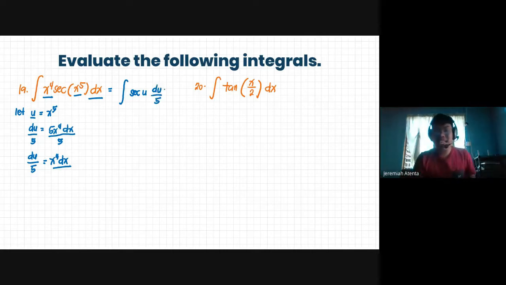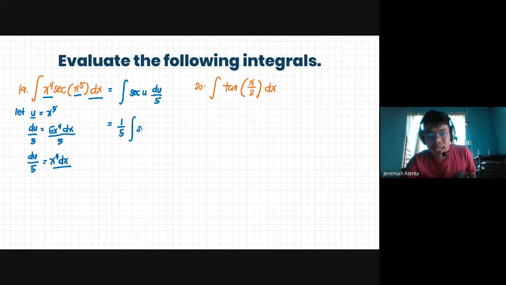I hope that is clear. And from that, we have a numerical coefficient here that is 1 over 5. And according to our basic integration rules, we can put that numerical coefficient outside the integral. So therefore, this will become 1 over 5 the integral of secant u du.